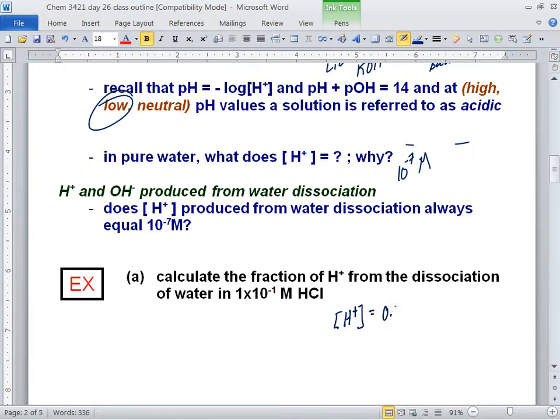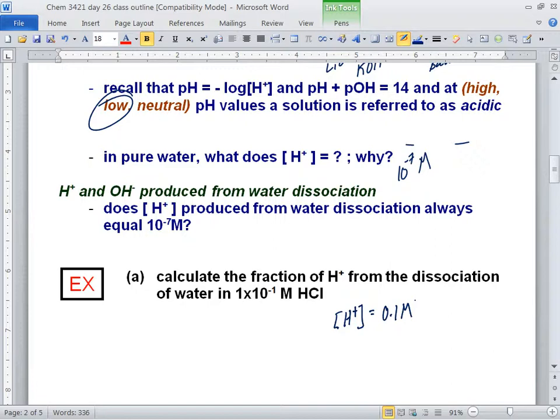So don't forget everything that we've learned before. This still works. Just realize that this has several sources. It's just HCl and water, so it only has 2 sources. One is the HCl, the other is the autoprotolysis of water.